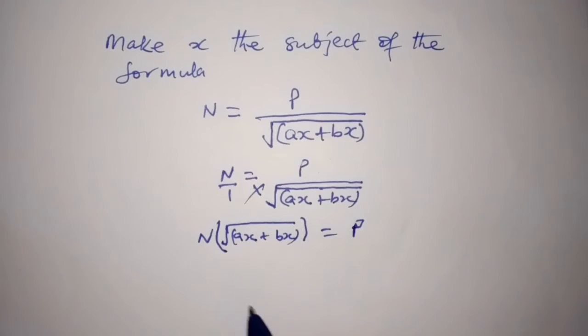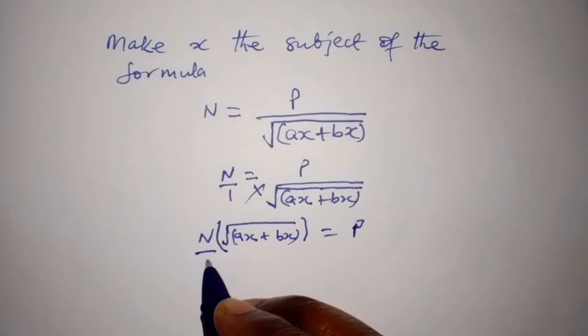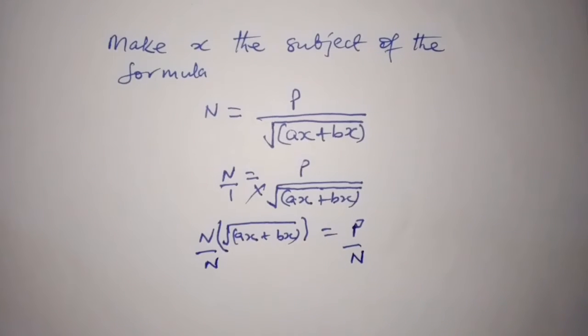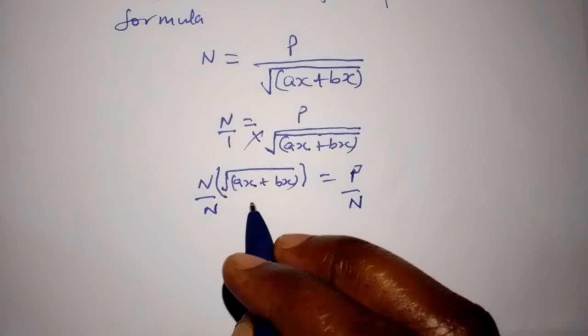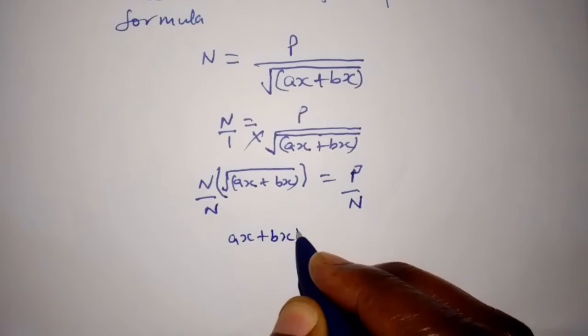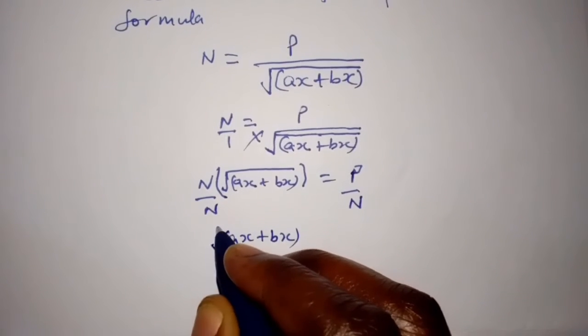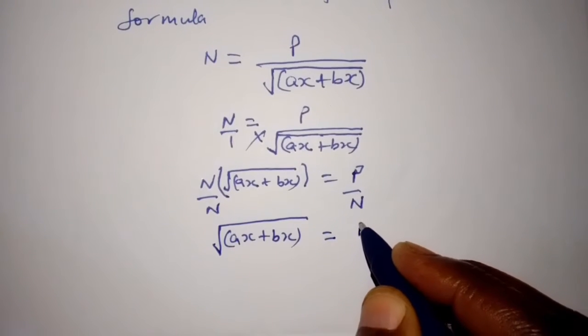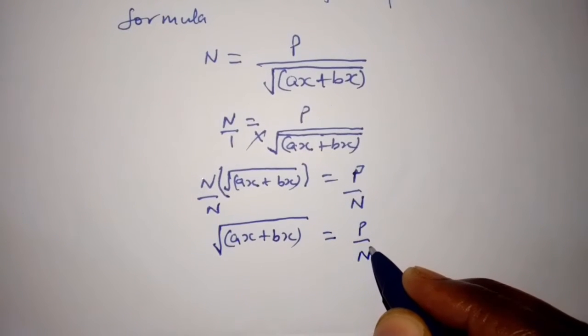So we divide this by n, we divide this by n. Square root of ax plus bx is equal to p over n.